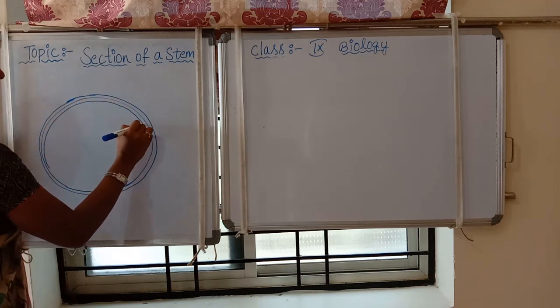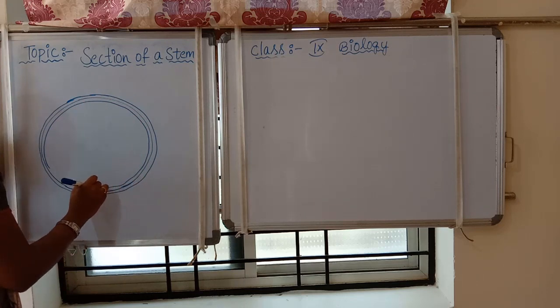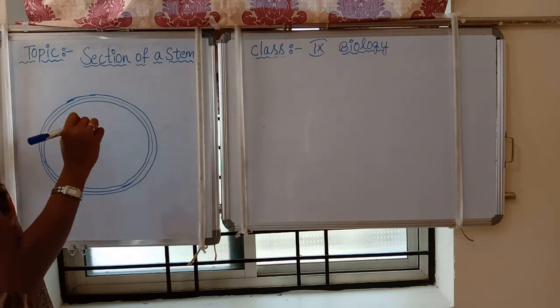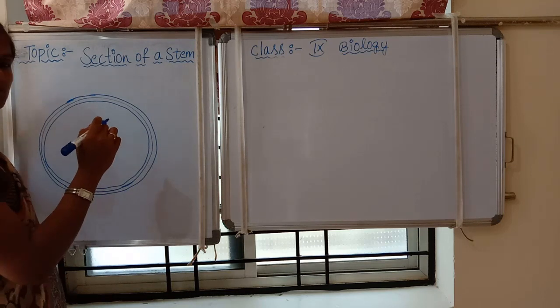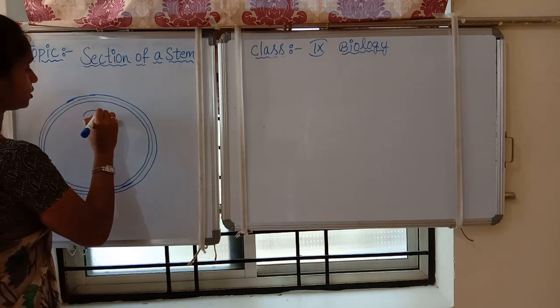I draw three layers of circles. What each circle contains, I will explain afterwards. First, what I observe, that I am going to draw here.